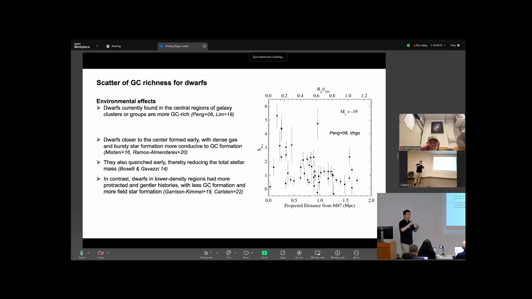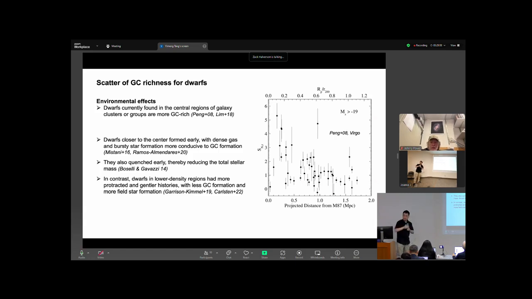This is easier to understand because the dwarfs near the center form early, and at that time you have more dense gas to support the GC formation, and they also quench earlier, because you lose your gas and you reduce your stellar mass, and the galaxies in the lower density environment just do things in the opposite way.